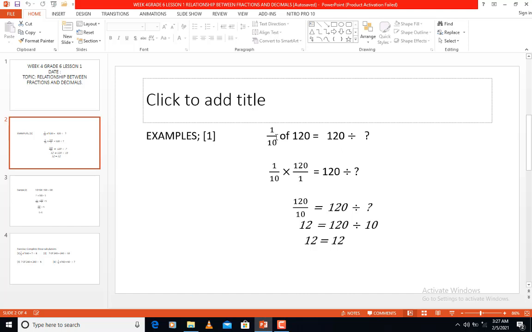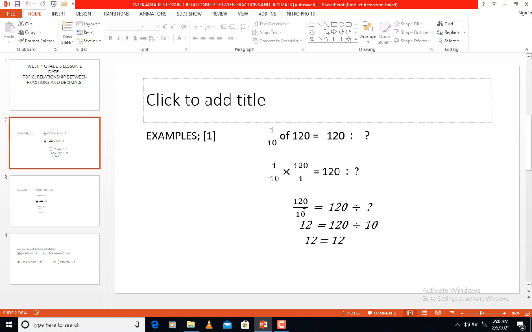So for you to find this, let's simplify 1 over 10 of 120. It means 1 over 10 multiplied by 120 over 1 is equal to 120 divided by a certain number, which is a question mark. So this question mark is representing a certain number, whereby if you divide 120 by it, you get your answer.